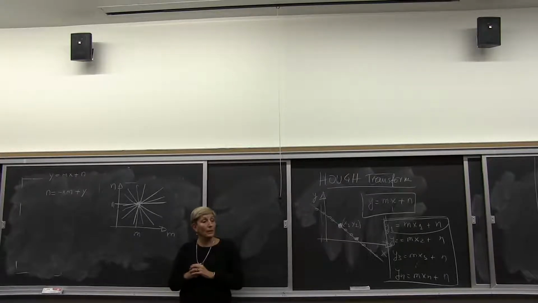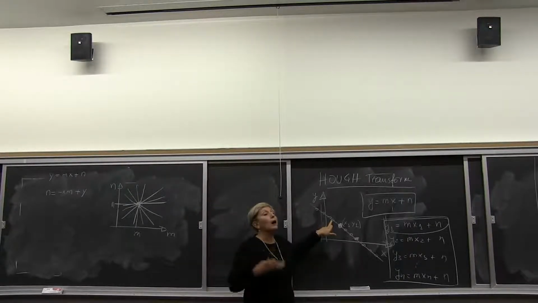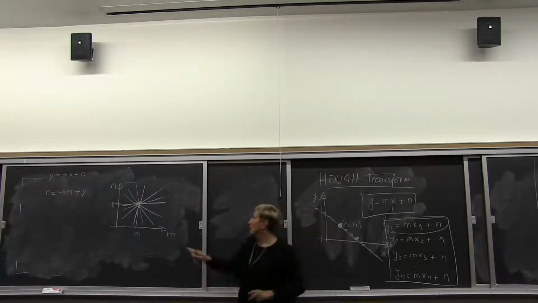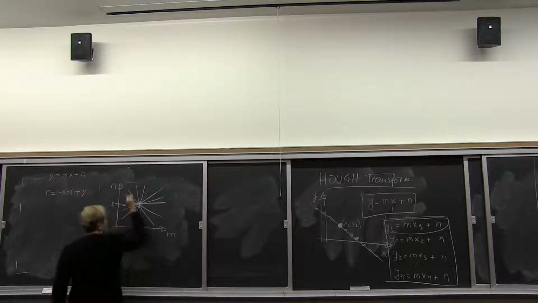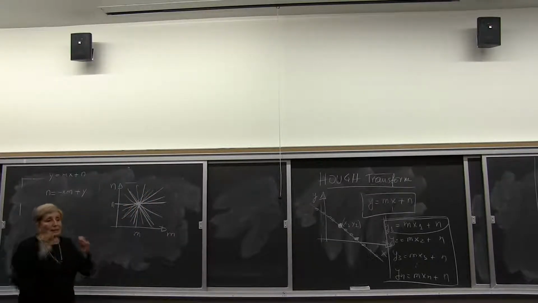Yes? How do we deal with noise? Okay, so what will happen with noise is that these edges are not going to be really on the line. They will be close to, hopefully. Several meeting points. Right. So my thing will be not neat point.